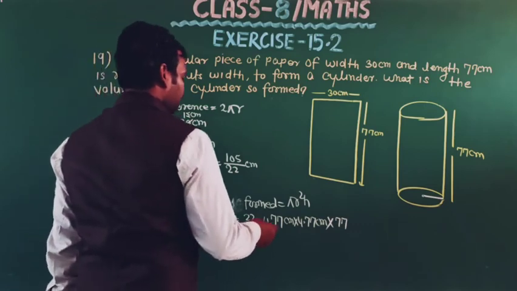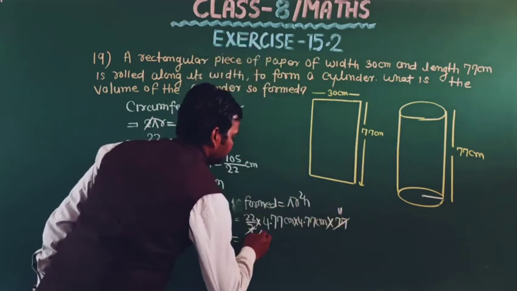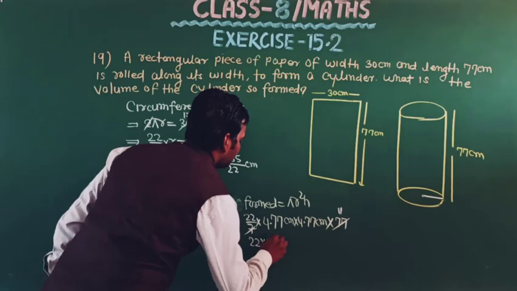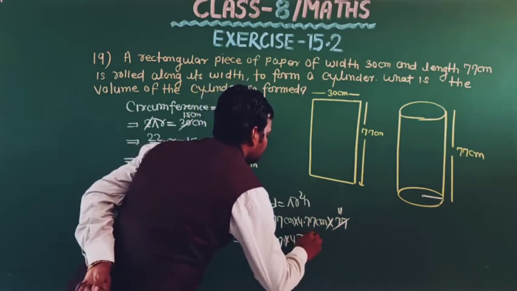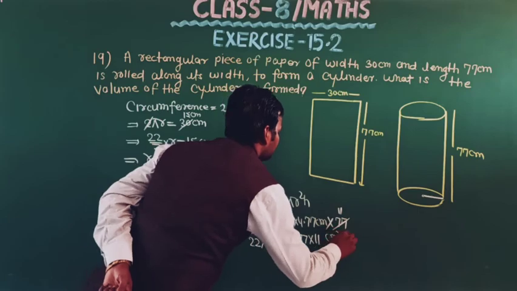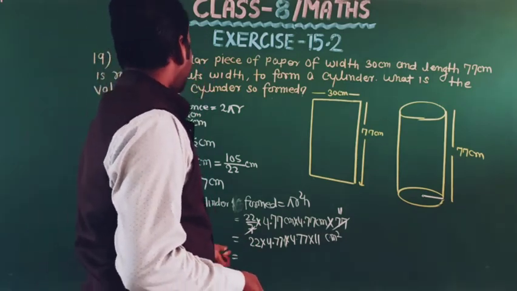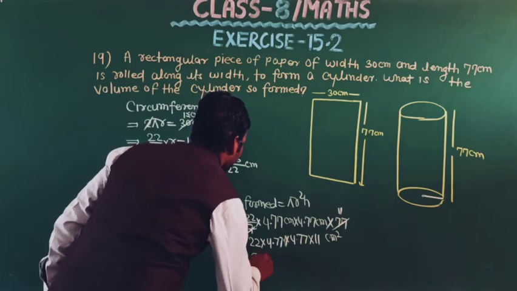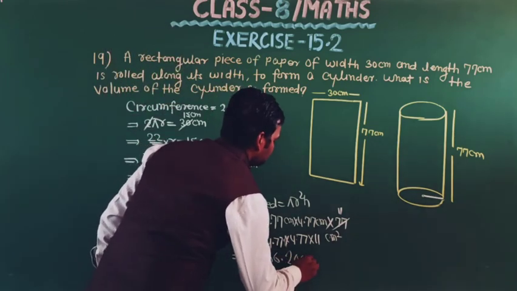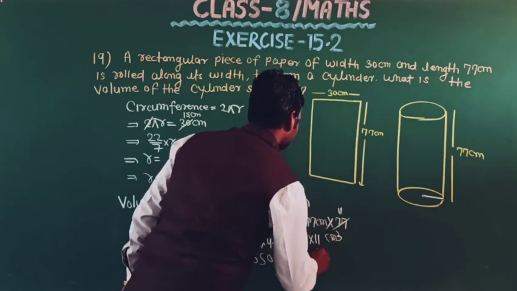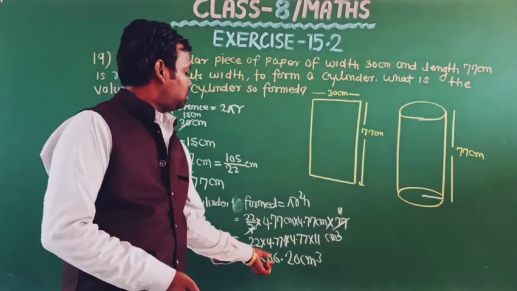Here we can cancel 77 into 11 times. Now the remaining is 4.77 into 4.77 into 11 centimeter square, and after multiplication we will get 5506.20 centimeter cube.